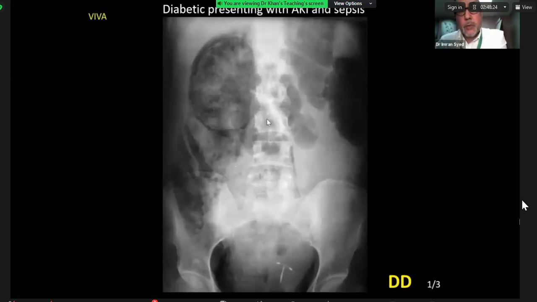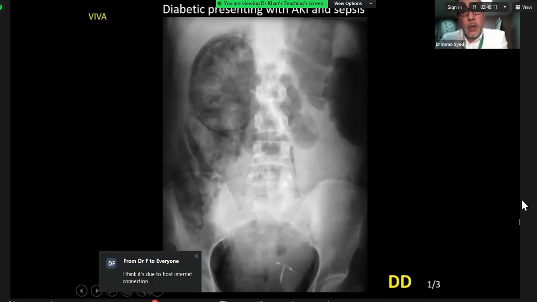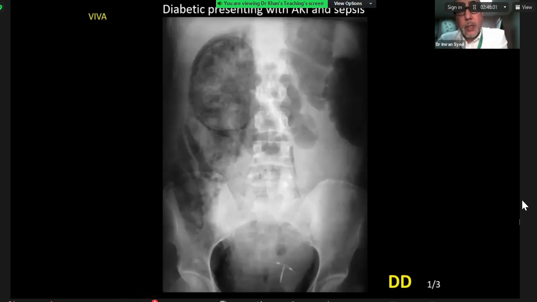What you've got here is air tracking down the retroperitoneal segment of the paracolic gutter of the ascending colon. This is important to note, that the ascending and descending colon have a retroperitoneal component, and therefore gas can be tracking down into the paracolic gutter on either side.